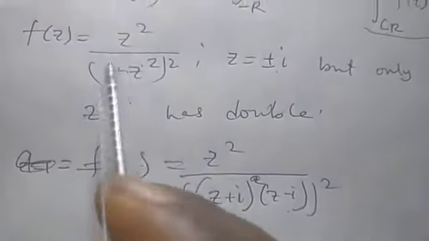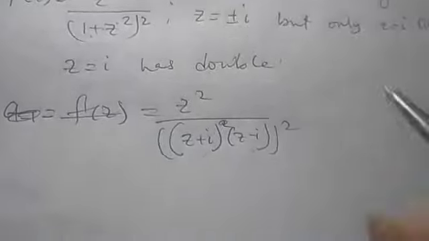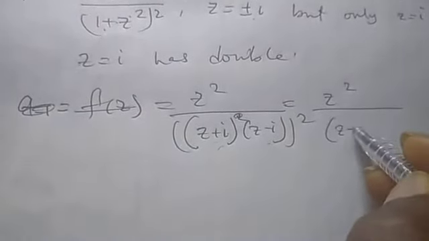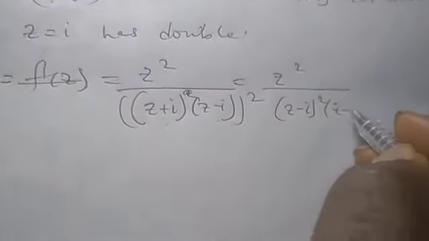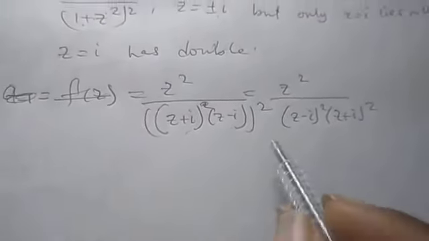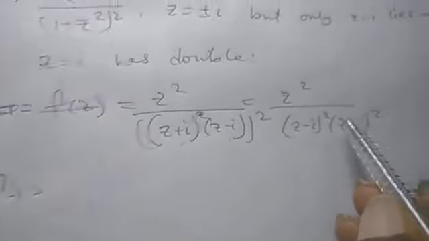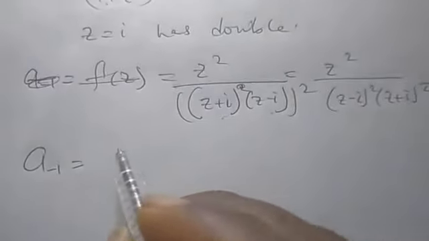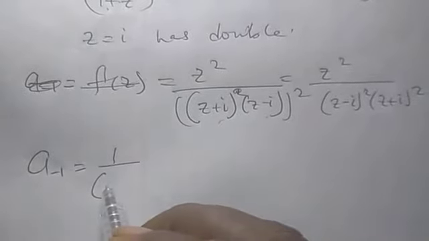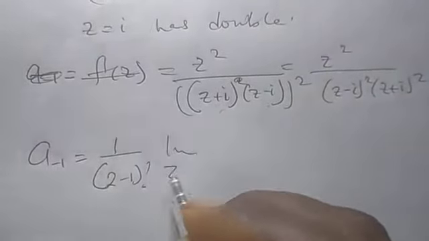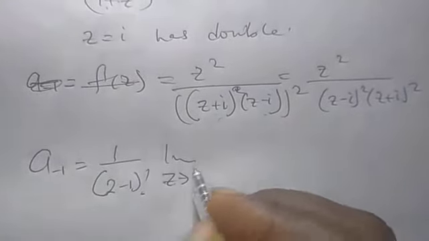That is the expansion of 1 plus z squared, which I can write as z minus i squared times z plus i squared. Now I can find my residue. My n is 2, it's a double pole, so the formula is 1 over (2 minus 1) factorial, limit as z tends to z naught, our z naught is i.